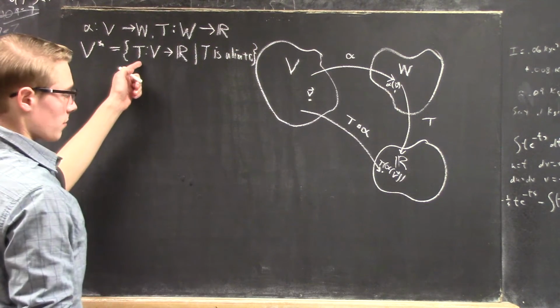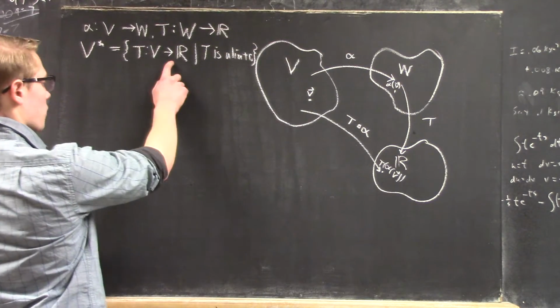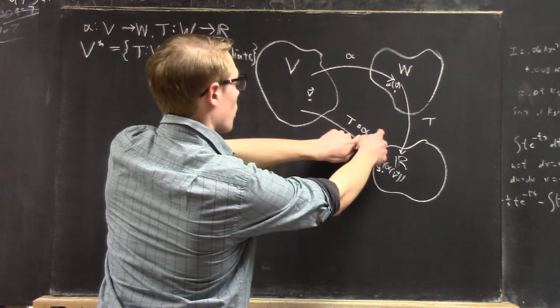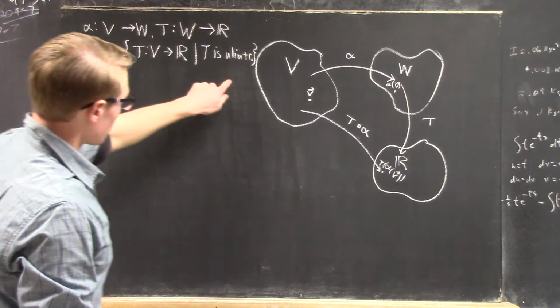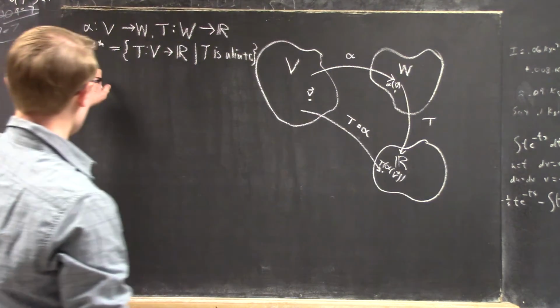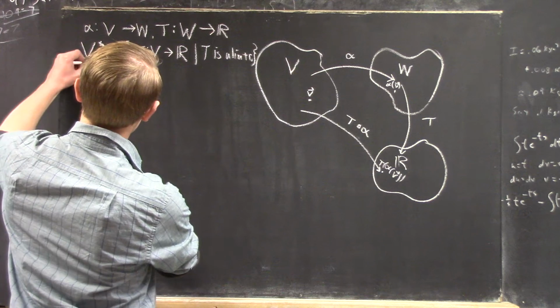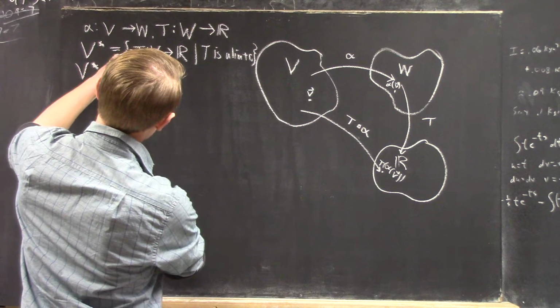And of course this transformation is not the same as this one. This transformation here, from V to R, is this composition, all the compositions. And not only is this a new set that we can define, this is also a vector space. So V star is a vector space.